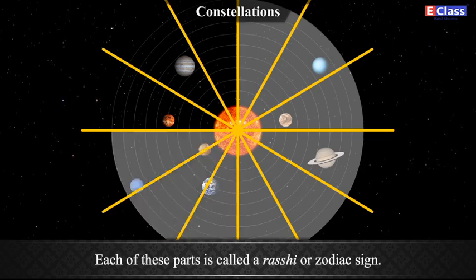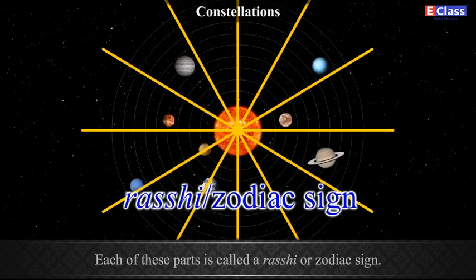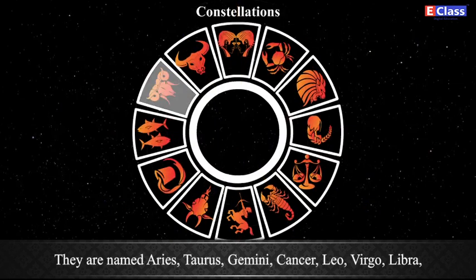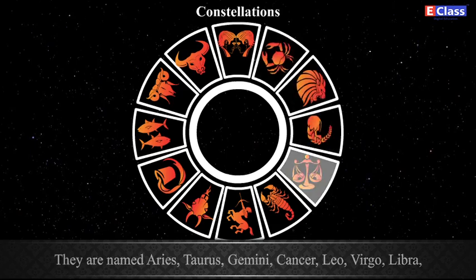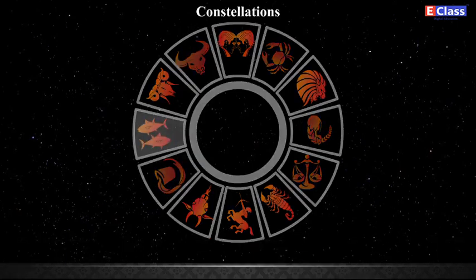Each of these parts is called a Rashi or zodiac sign. They are named Aries, Taurus, Gemini, Cancer, Leo, Virgo, Libra, Scorpio, Sagittarius, Capricorn, Aquarius, and Pisces.